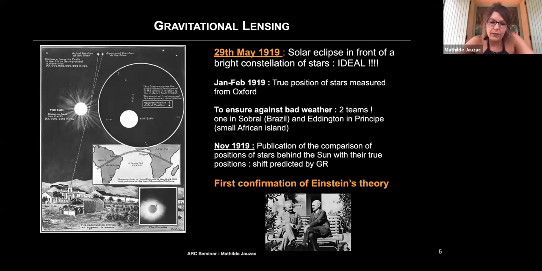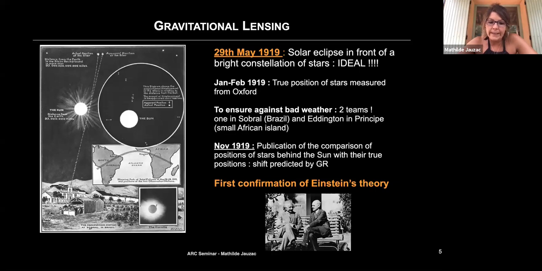He was part of the African trip to ensure against bad weather and ensure good measurements. During the totality of the eclipse, they measured the new position of the stars in the constellation. Both teams were lucky enough that they both got measurements.